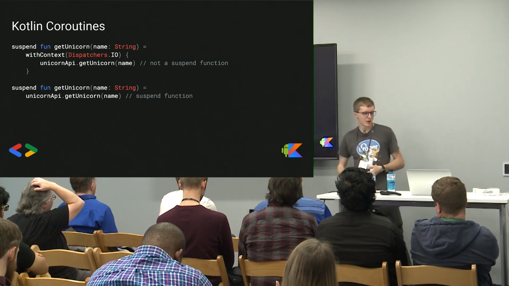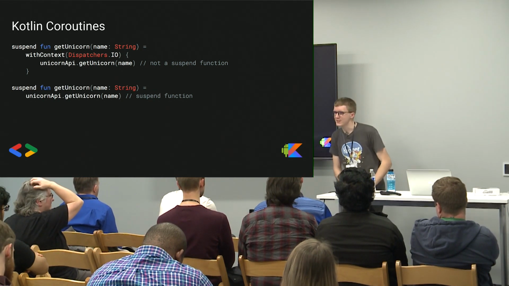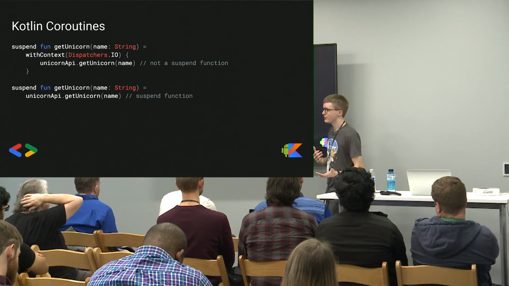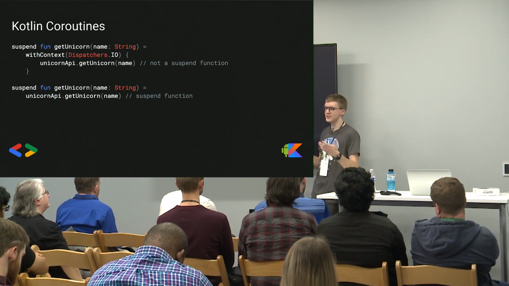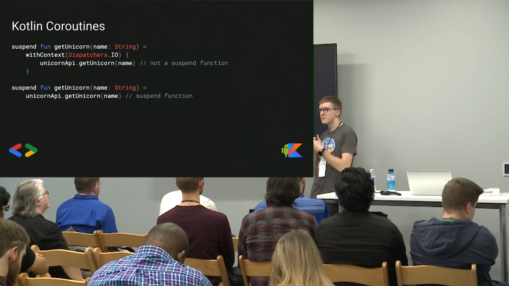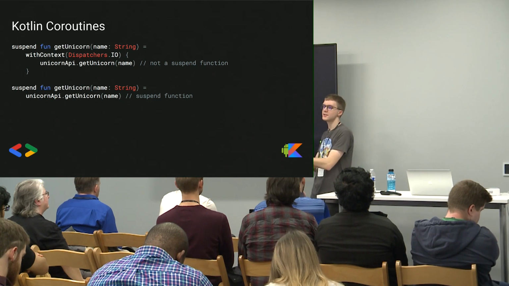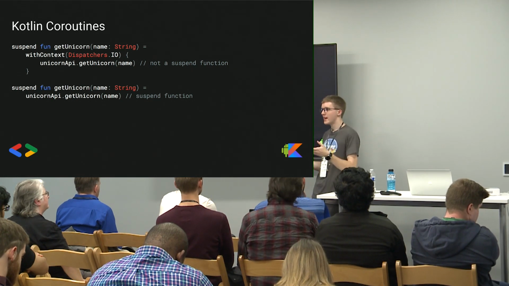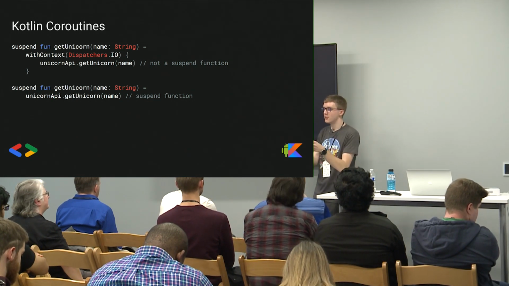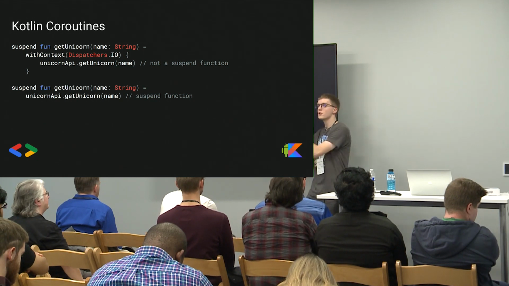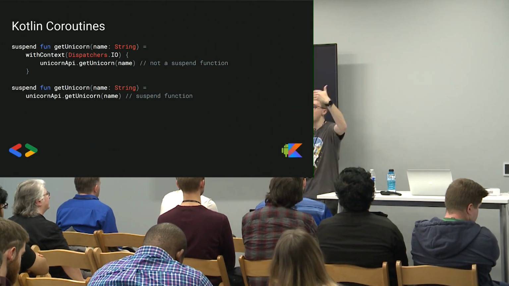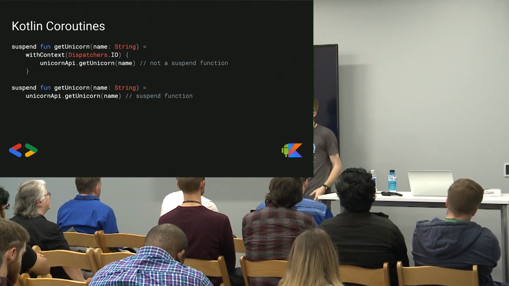I don't have a specific example of it, but your coroutine scope has a constructor where you can pass in a coroutine context. And in this case, let's say you want to tie it to the view model scope, but you also want to enable yourself to manually cancel this specific piece of the job.